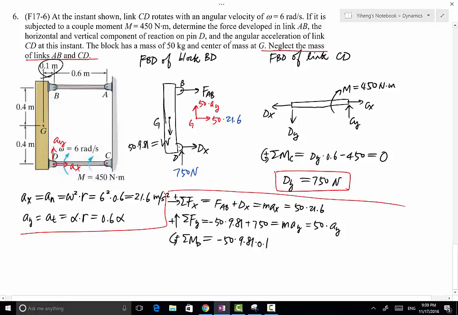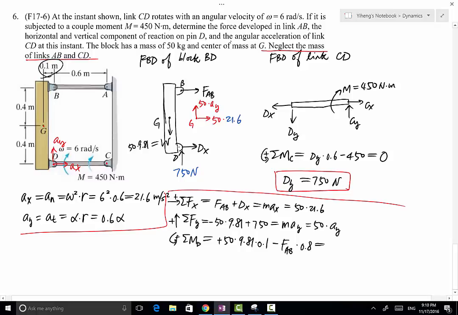All right, plus, so actually this is plus, actually minus here. FAB has moment about point D with a moment arm of 0.4 plus 0.4, 0.8 meter.